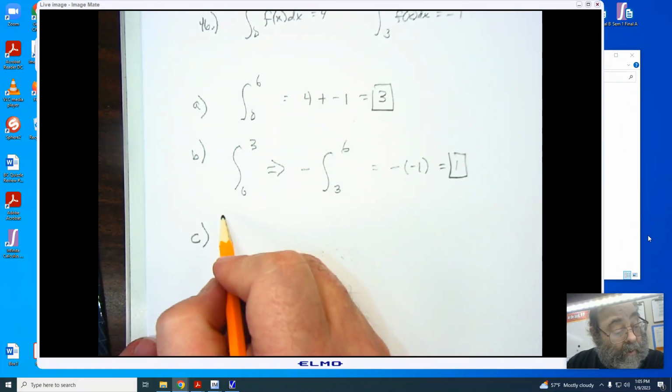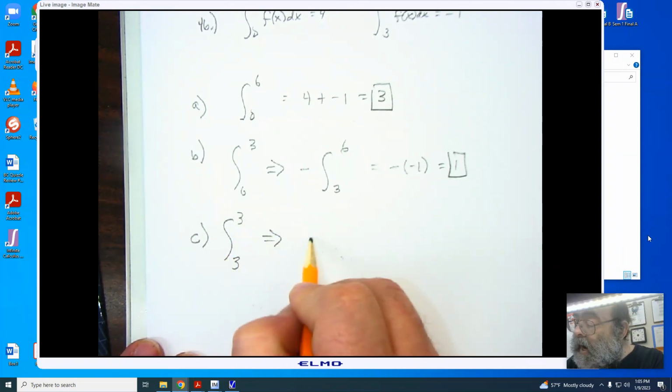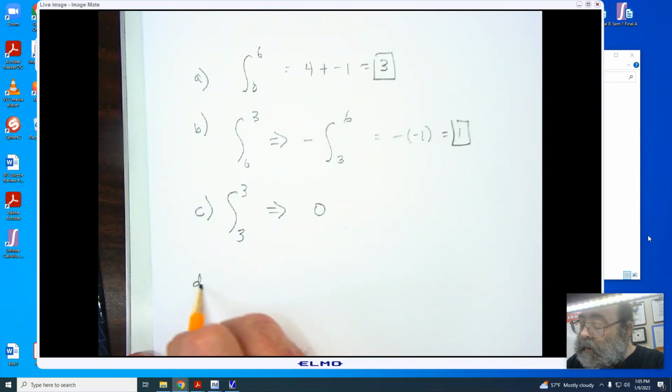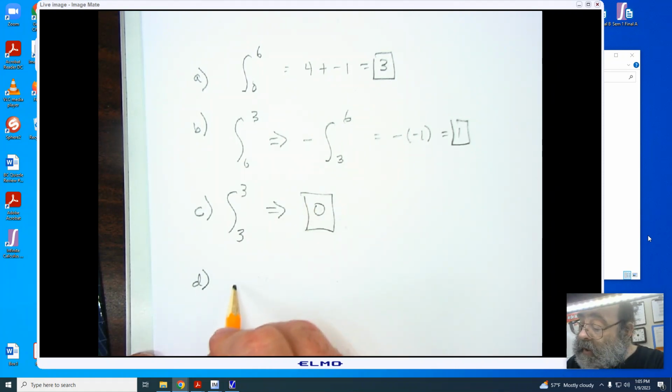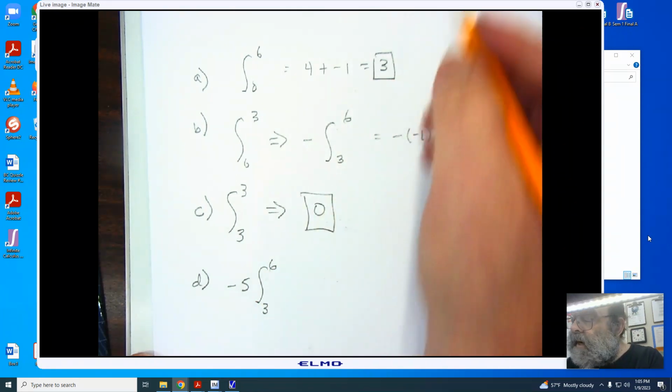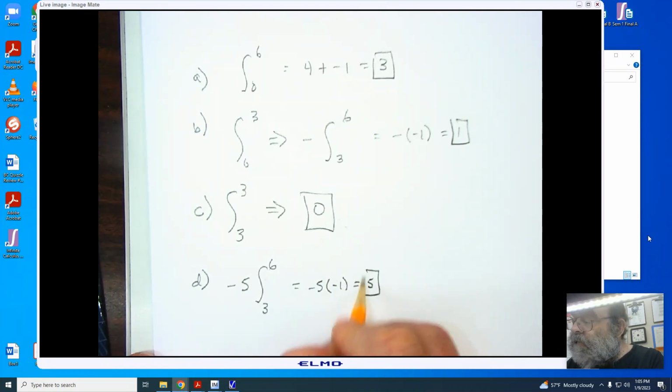C is 3 to 3, no change, and therefore I get 0. D is now 3 to 6, but it's negative 5. 3 to 6, and that's negative 5 times negative 1, and my answer is 5.